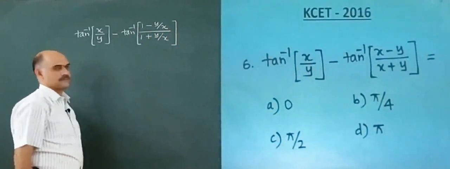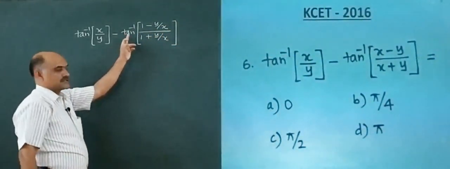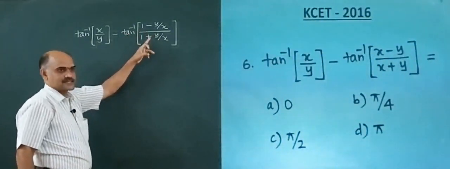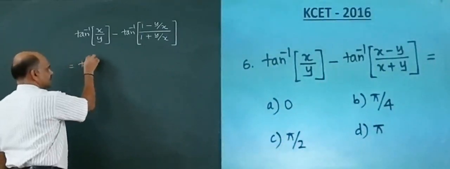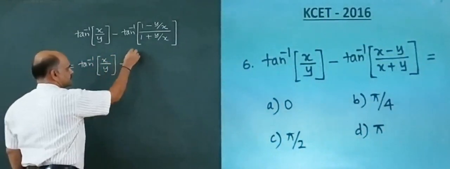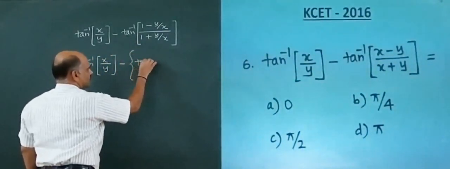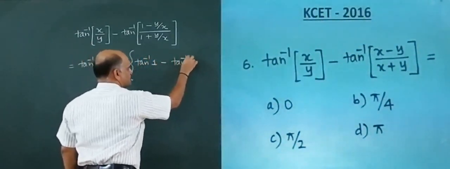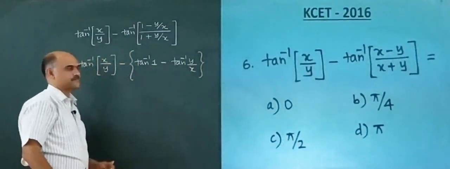1 plus y by x. So in the previous problem, in the first 5, I had got 1 minus x by 1 plus x. Similarly now I can write this as tan inverse x by y minus into bracket, tan inverse 1 minus tan inverse y by x.